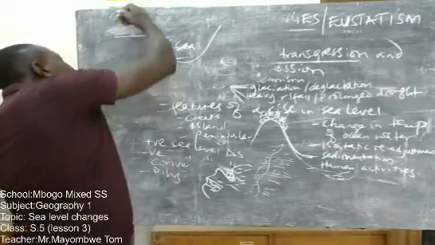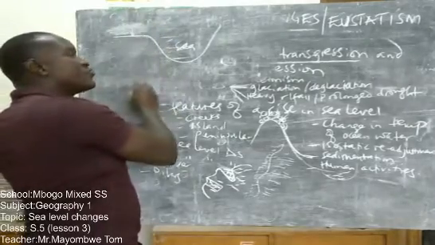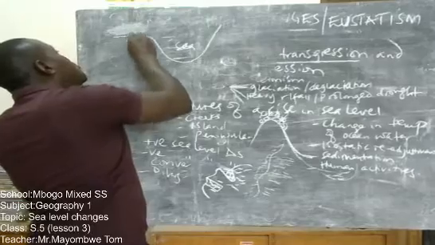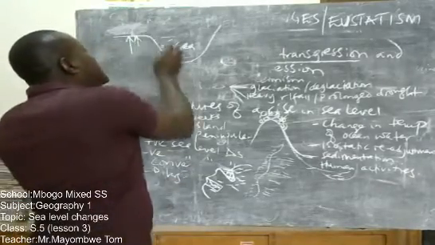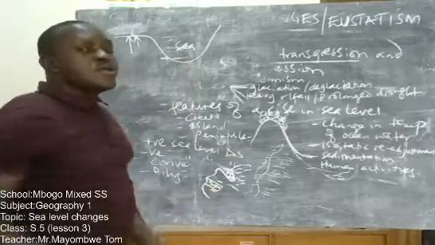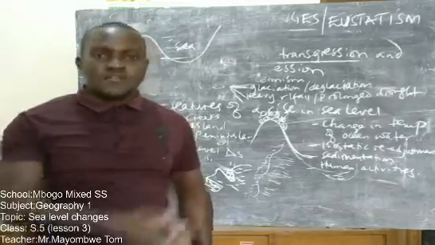And when that pressure reduces, what is going to happen to the land? The land is going to rise. And when the land rises, it makes the seabed to expand, leading to a fall in the sea level.